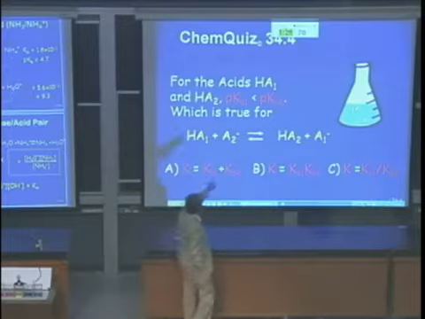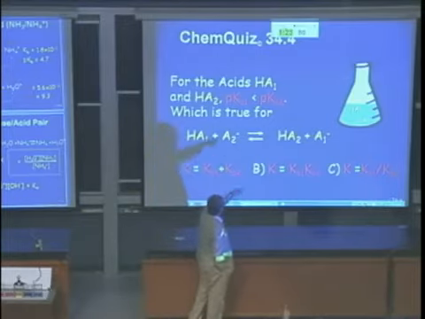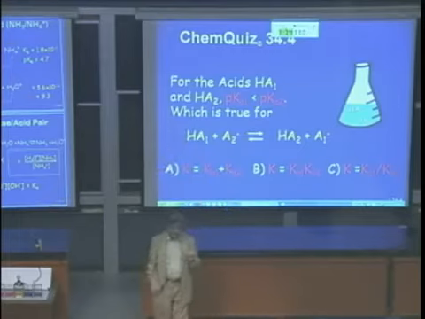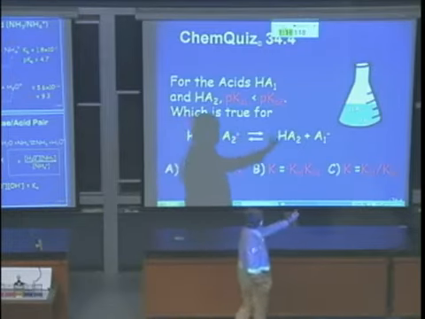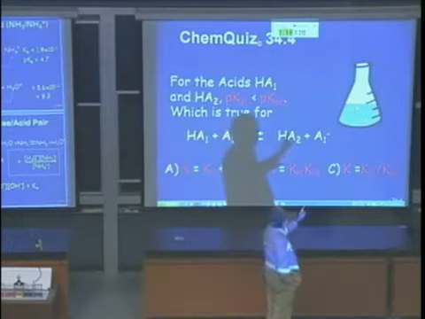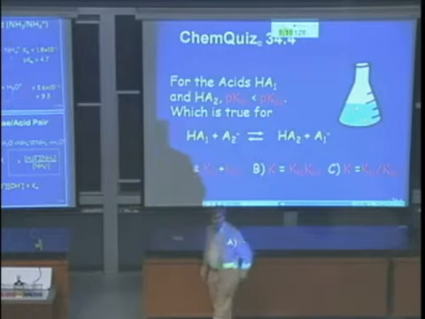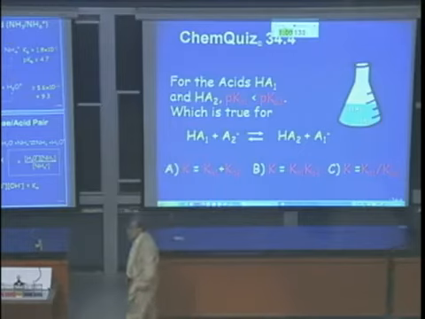So this reacts with water to form H3O plus A1 minus, okay? And this reacts with water to form H3O plus A2 minus. This one is K1 and the other one is K2.